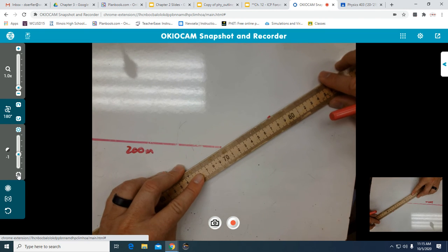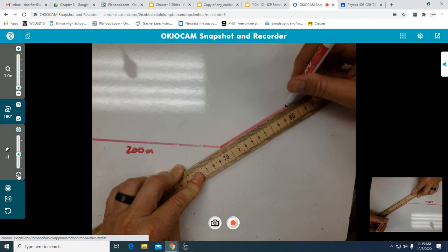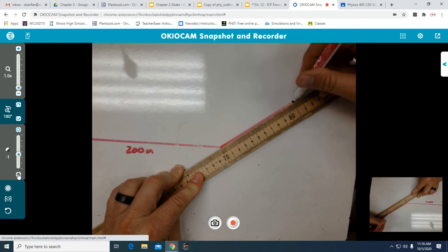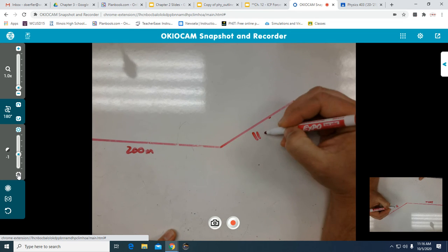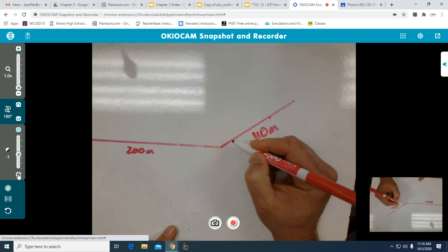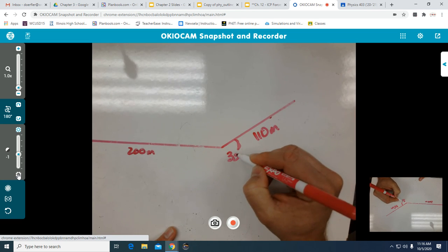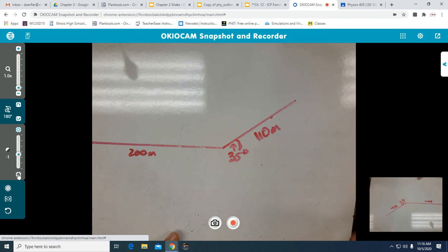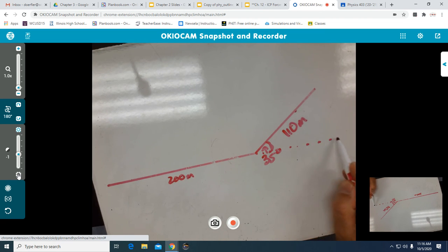So I'm going to start here and go, keeping with that angle, the best 110 meters that I can. And this is 35 degrees right there. Okay? And this dashed line is the horizon. So 35 degrees above the horizontal.